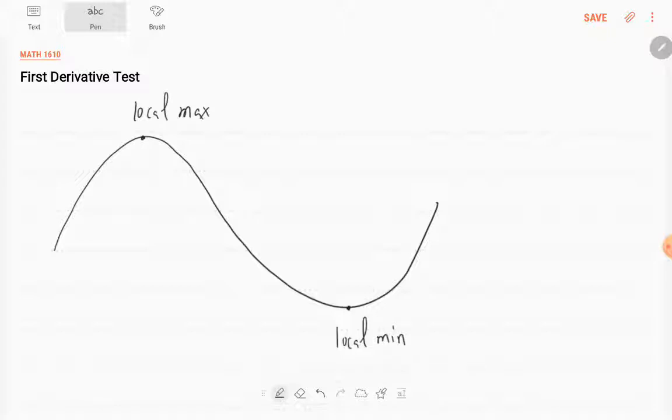So you can see on this part, on the left side of the local maximum, it is an increasing function. So the derivative is positive here. Then here is negative, right? The derivative is negative on the right side of this point. Then this will give you a local maximum.